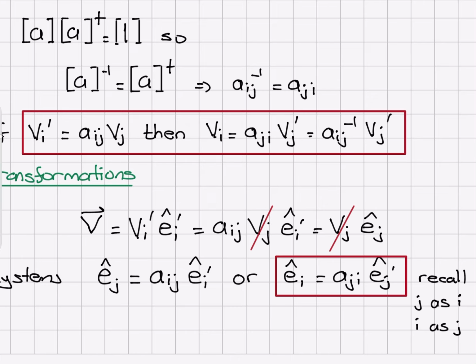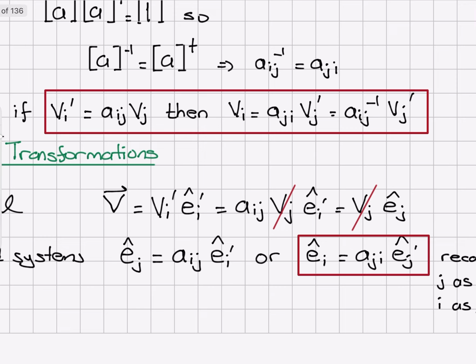Okay, so if I take this equation, e_i hat is equal to a_ji e_j' hat, and multiply it with a_ij, what would I obtain? a_ij e_i hat is a_ij a_ji e_j' hat.